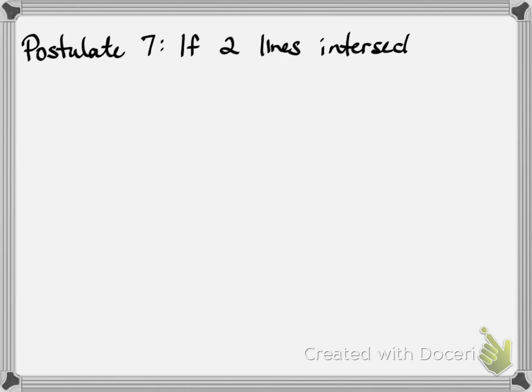Postulate 7 says if 2 lines intersect, then their intersection is exactly 1 point.